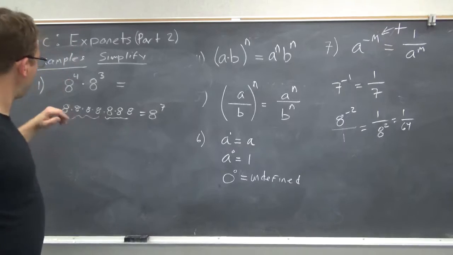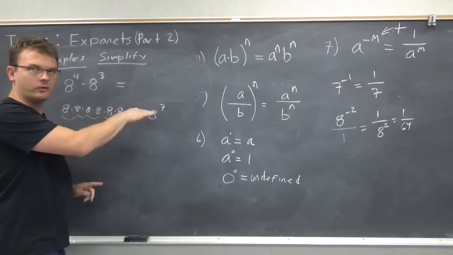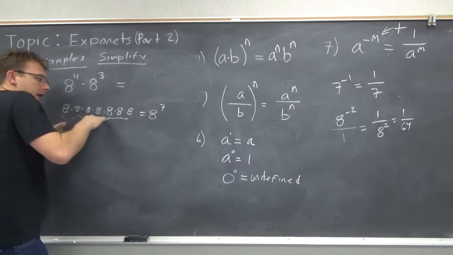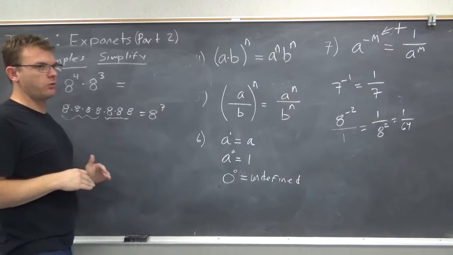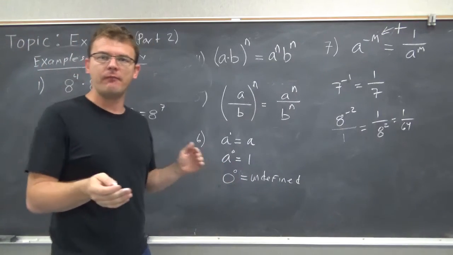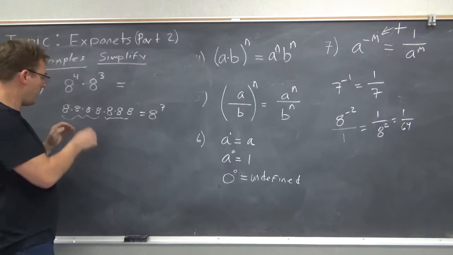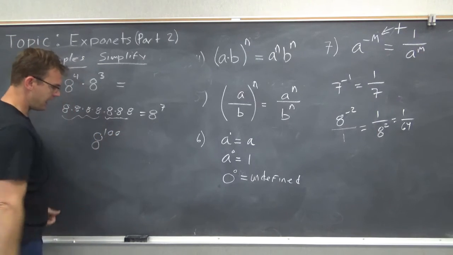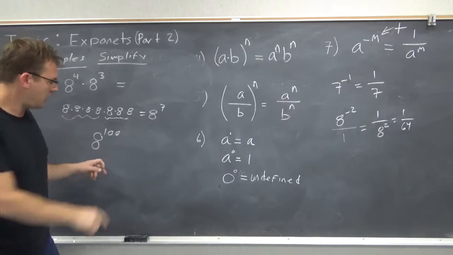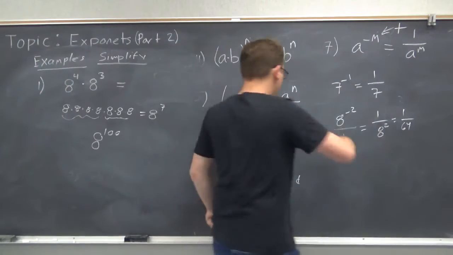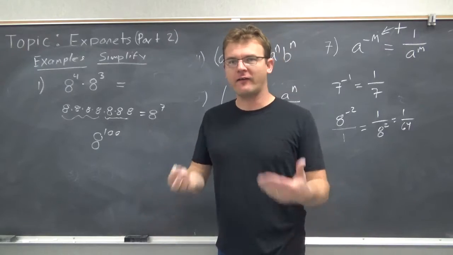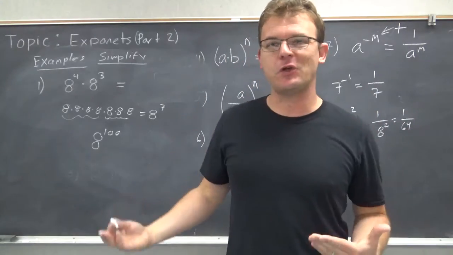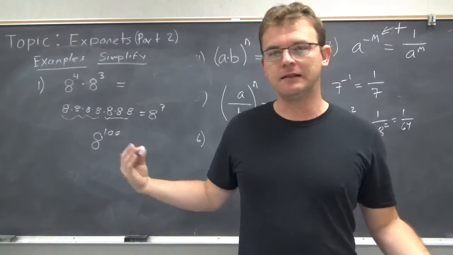So it happens that I don't want to keep doing this. I don't want to keep writing all these 8's, because what if you had 100? I'm going to sit here all day long. How many 8's do I have to write here? 100. And I don't have the chalk, I don't have the mindset to do that right now because I'm lazy.